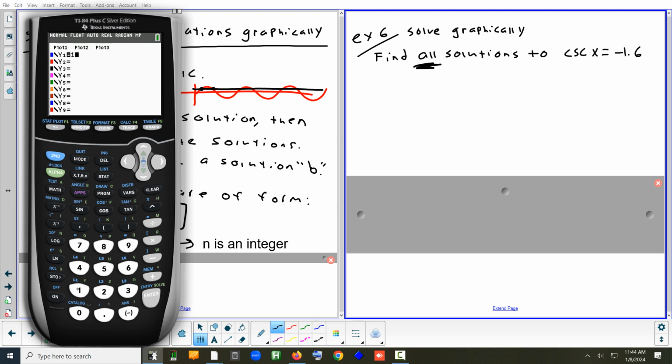That is a 1 over sine. So we got 1 over sine in y1. Okay, what's going to go in y2? The negative 1.6.